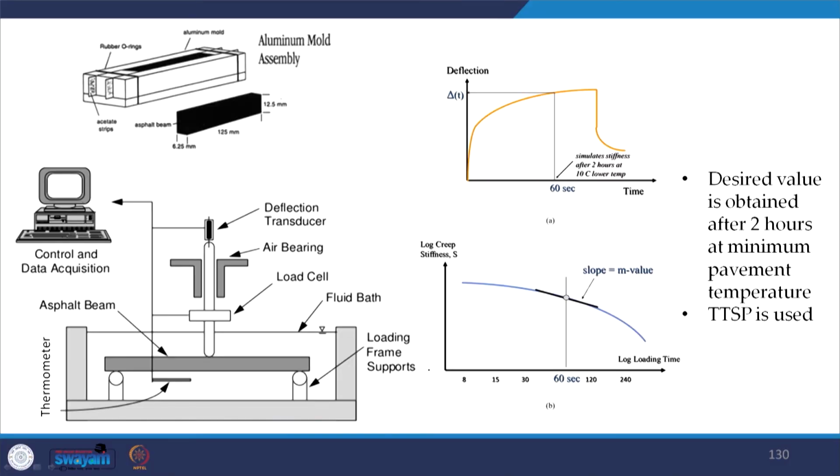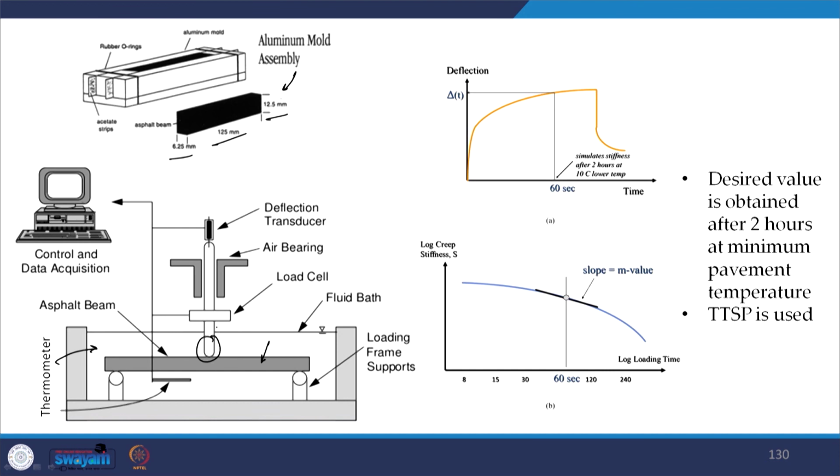These are some pictures of the experimental process. You have a beam specimen of a specified dimension, 6.25 by 125 by 12.5 mm. We have a control and data acquisition system. This is the bath which is maintained at the particular temperature at which we are doing the test. This is the beam specimen, and this is the notch using which we are applying the load.